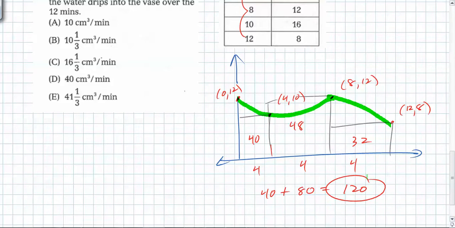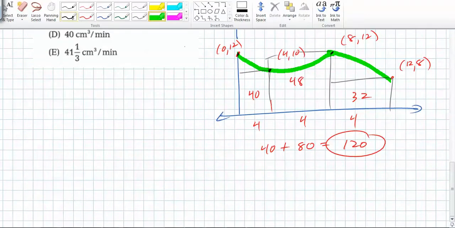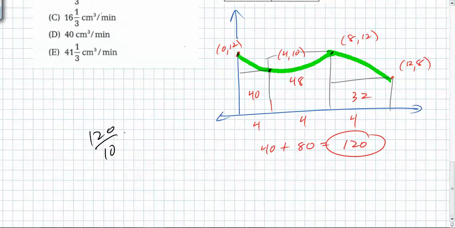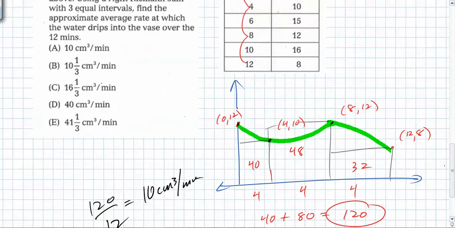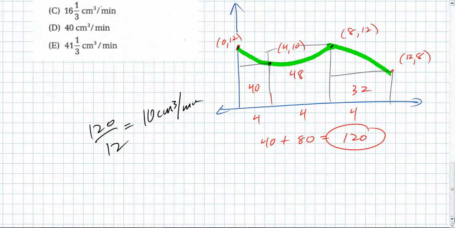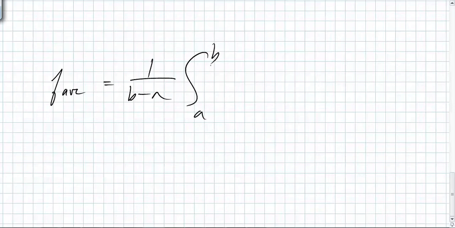So which one is it going to be? Is that the answer it gives you? What's it come out to be? 10 centimeters per minute. Right there. Is that it? Good. What you're looking at, kids, is the average value of a function: the average of a function is 1 over b minus a of the integral from a to b of f of x dx. That's the average value of f of x from a to b right there.